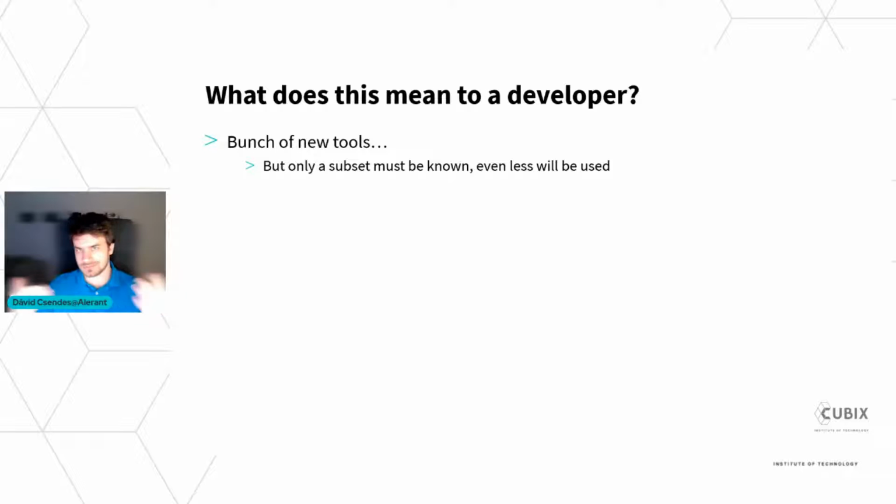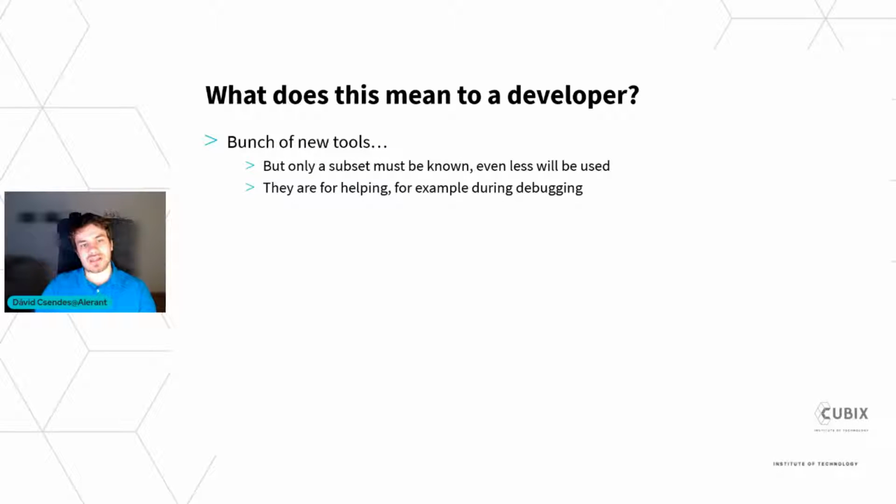So for example, I know only a few tools, but I know a tool in each set that an application will go through. And you don't have to be afraid of these tools because in the end, they are there for helping us, for example, during debugging.